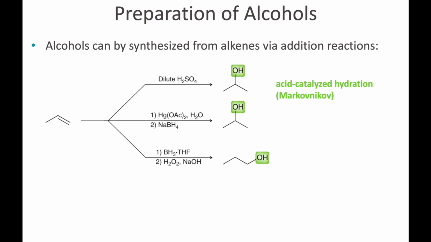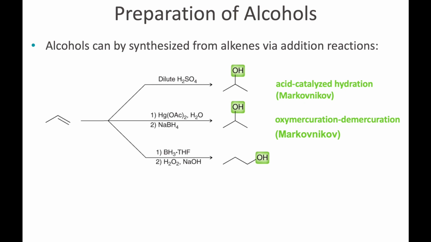And as you may remember, acid catalyzed hydration is great, but it goes through a carbocation intermediate, and because of that carbocation intermediate, it could have rearrangement, giving you different products. So if you want the Markovnikov hydration, but without any rearrangement, you would try the second method here, which is oxymercuration in the first step, followed by demercuration in the second step.